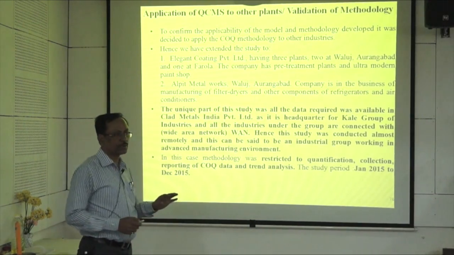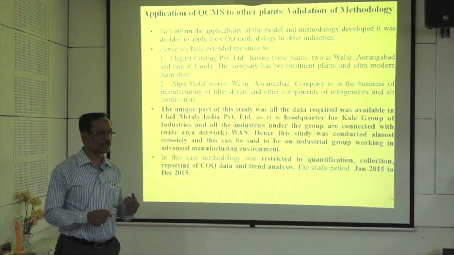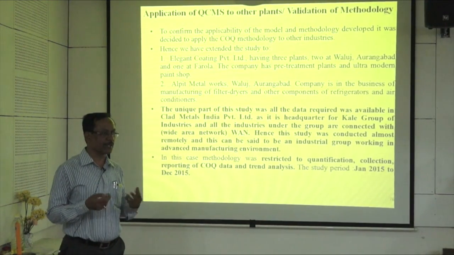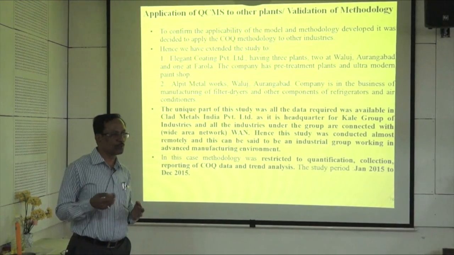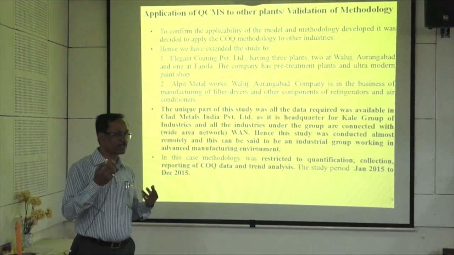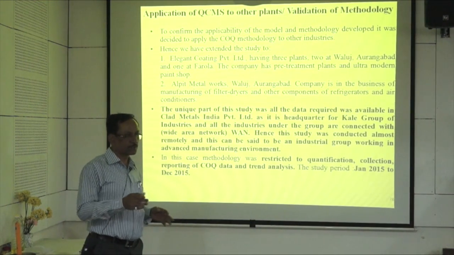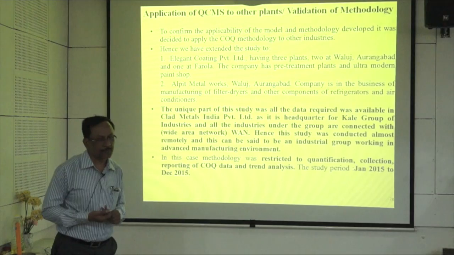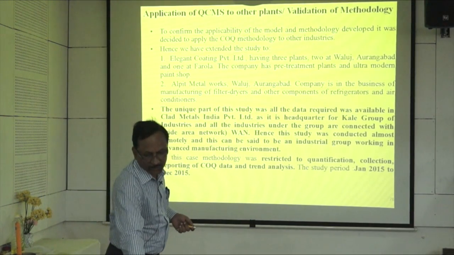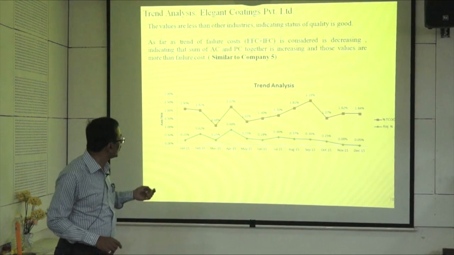Now, we have done this exercise for that particular plant, fine, but whether the method works or not, so for that I have extended this method to 2 more plants which are working in the same group. That is the suggestion probably you have given me, sir, in last progress seminar. So that I have extended it in 2 companies, but there I have restricted it to just a trend analysis.